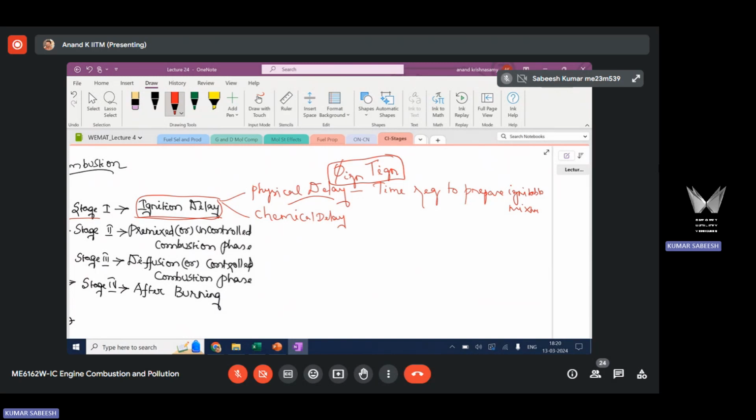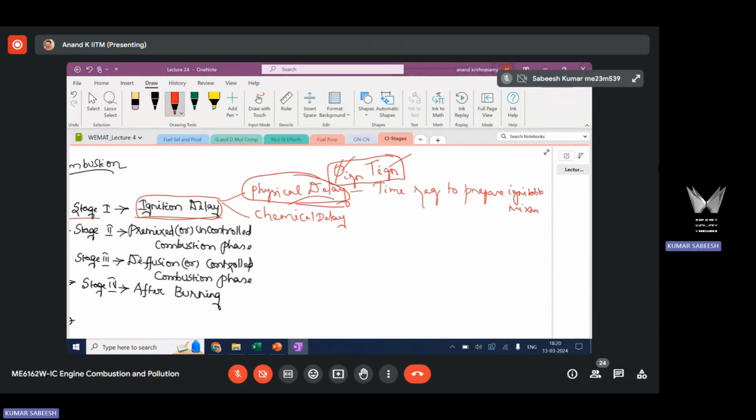Fuel and air mix and reach the ignitable proportion. For this ignitable proportion, you also need ignition temperature to ignite the mixture. So you are preparing ignitable mixture from the injected fuel parcels. That is what is happening during this physical delay time. And this is primarily governed by important fuel properties. We already discussed all those in the first chapter, if you recollect.